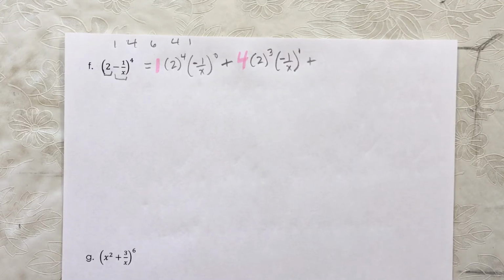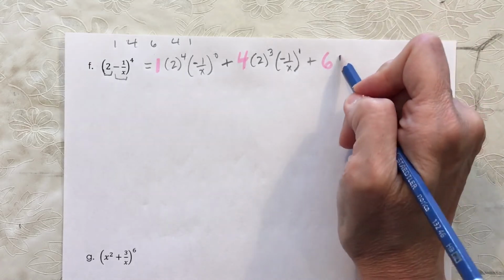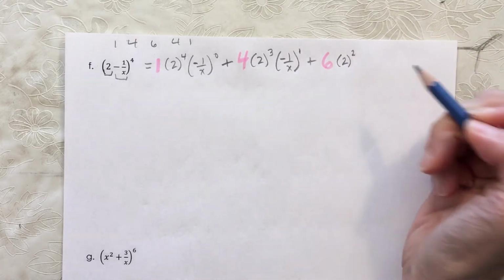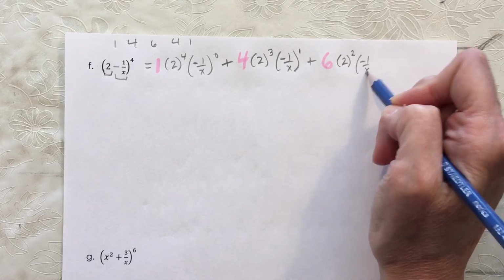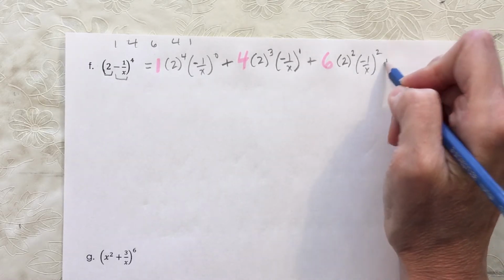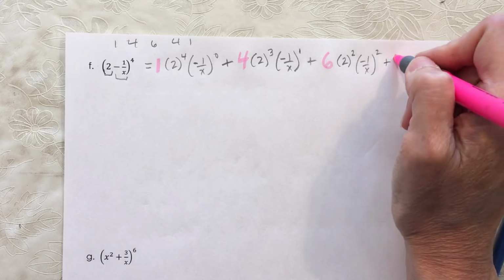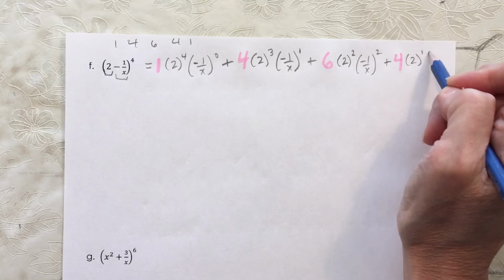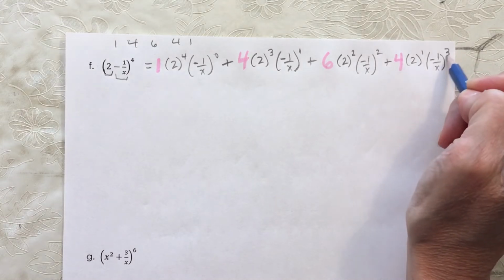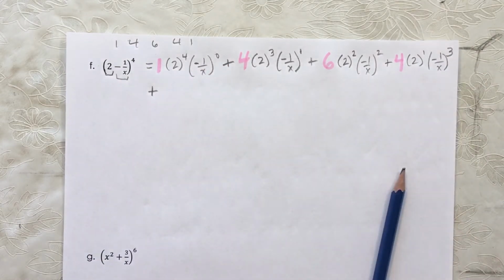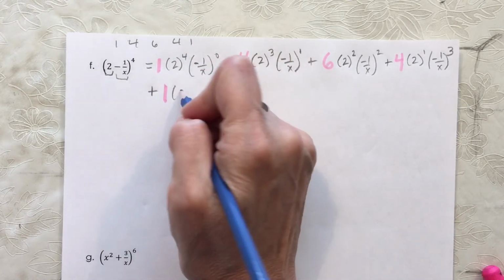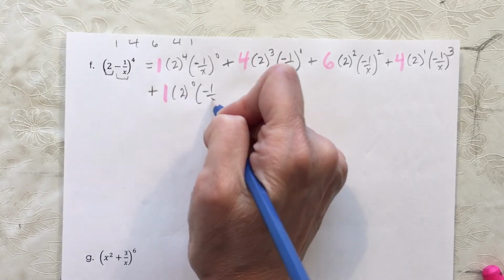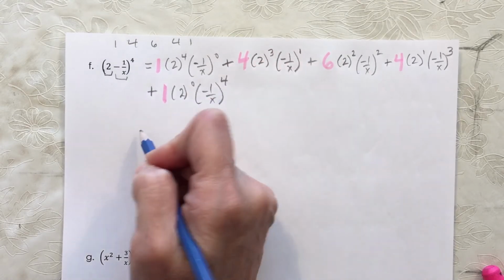Plus, third number in Pascal's triangle is our 6. 2 squared, negative 1 over x squared, plus 4 times 2 to the 1 times negative 1 over x cubed, plus last number in the 4th row is a 1 times 2 to the 0 times negative 1 over x to the 4th.